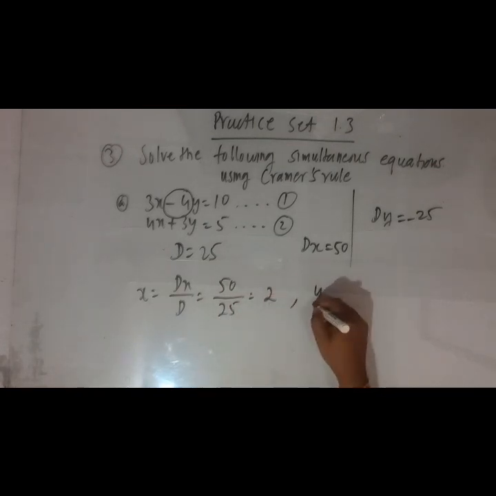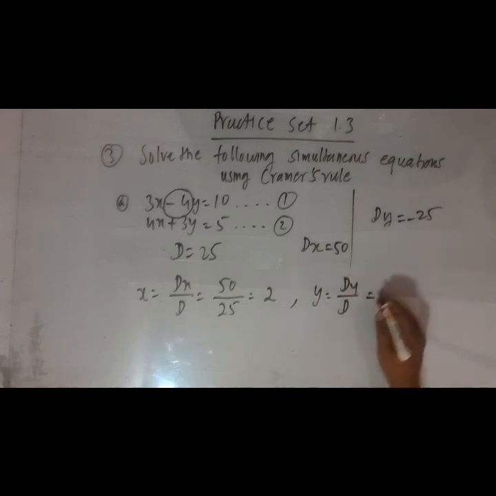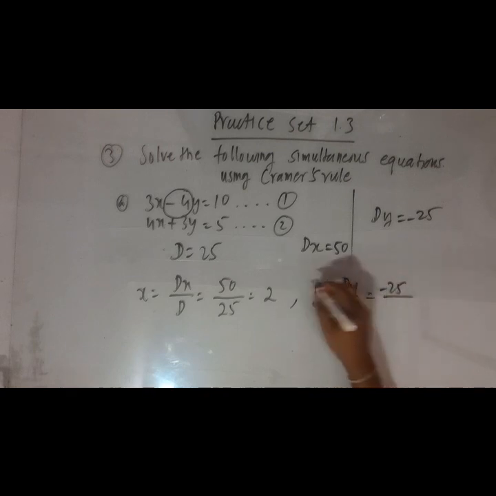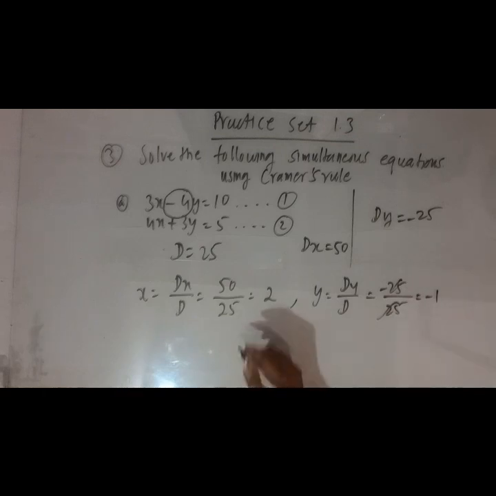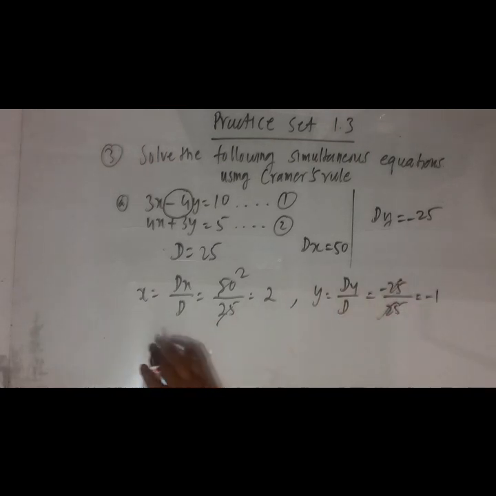And y is how much? dy upon d. What is dy? Minus 25, and what is d? 25. So this will be minus 1. So x is 2 and y is minus 1.